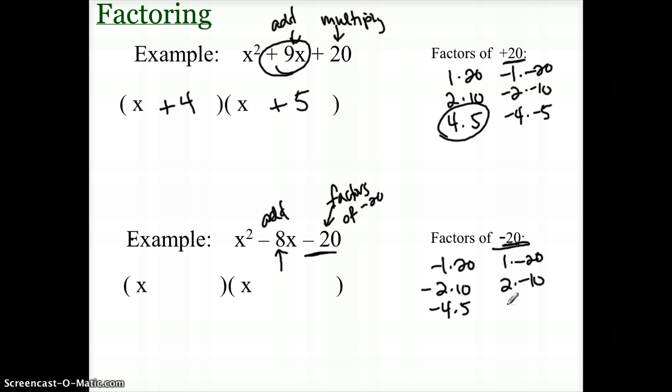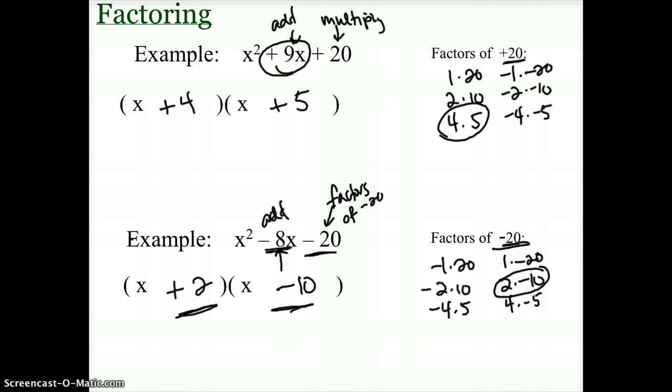Negative 4 times 5, or 4 times negative 5. Which one of those add to give you a negative 8? 2 and negative 10. That adds to give you a negative 8, multiplies to give you negative 20. So x plus 2, x minus 10. No, it does not matter which order you put that in. X minus 10 times x plus 2 is the same thing.